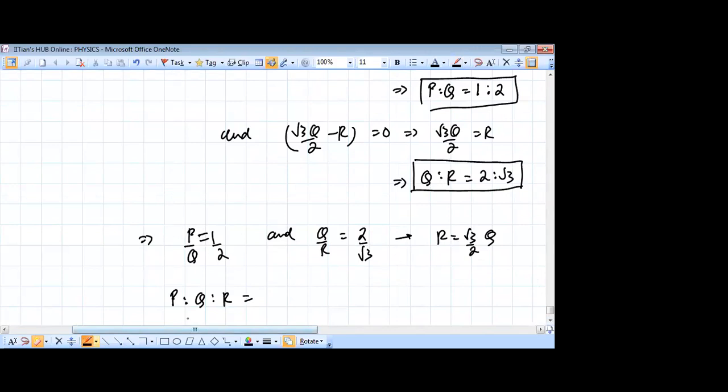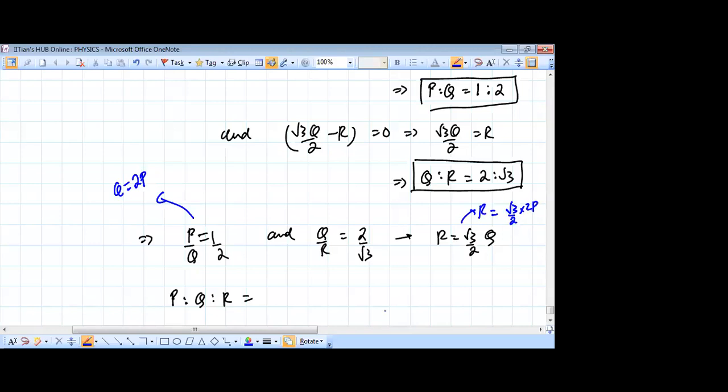So this here implies that Q is equal to 2P, and this here implies that R will become this much.